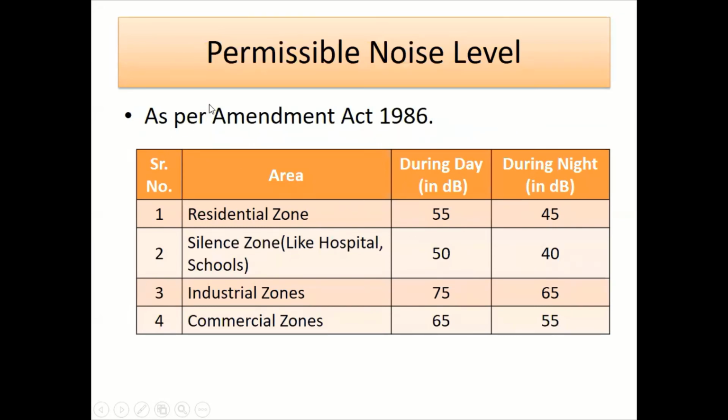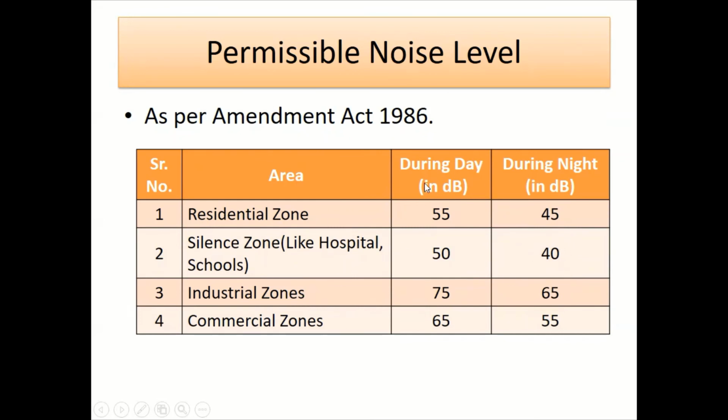This is the permissible noise level in residential zones as per the Act of 1986. In the residential zone during daytime, the noise level should be 55 or less. During night, the noise level is 45. Then silent zones like hospital, school: during daytime, the noise level should be 50, and during night time, the noise level should be 40 dB.